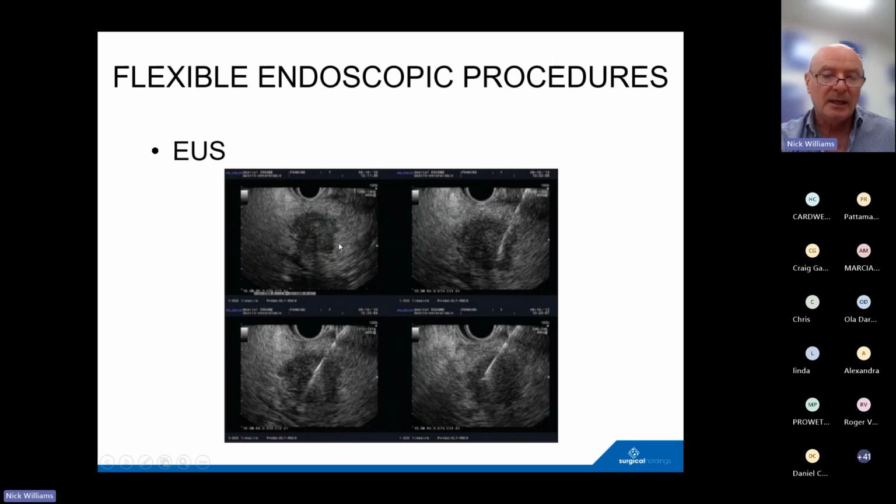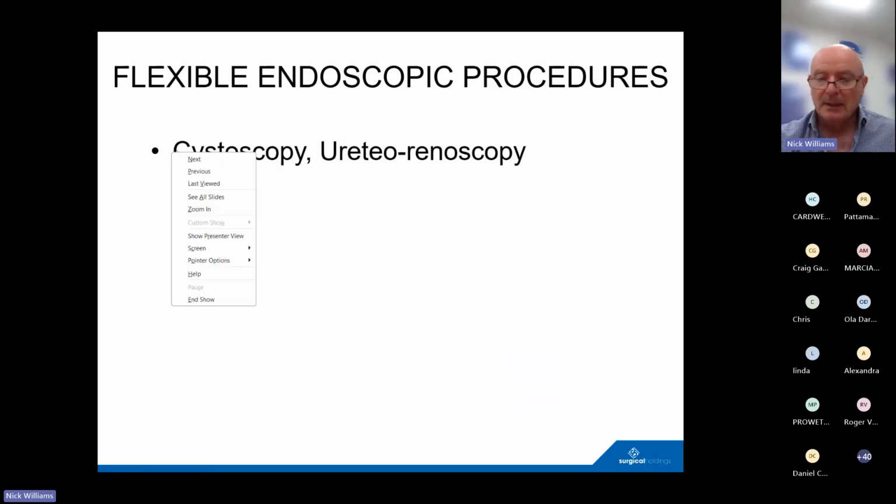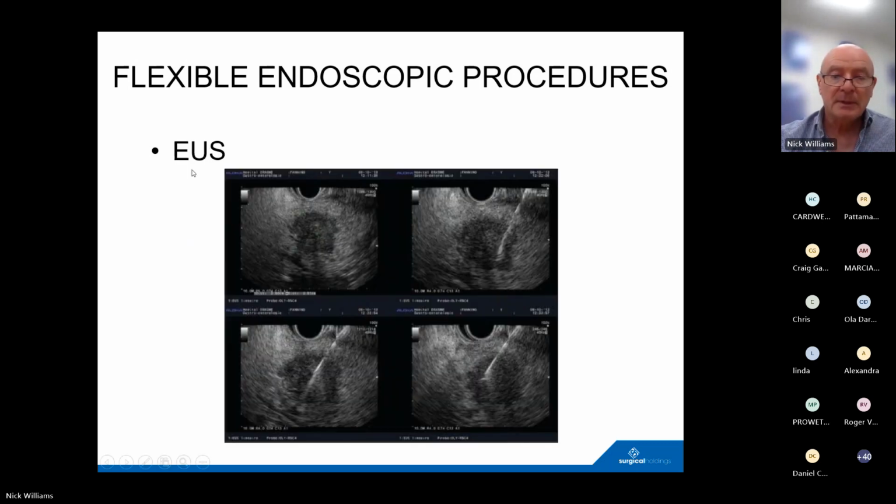The area you're looking at here is a different view on the ultrasound image, and that is the needle going in. You take your cells there, and you know where you're coming from, send it off to pathology, and it's a very targeted diagnostic biopsy.